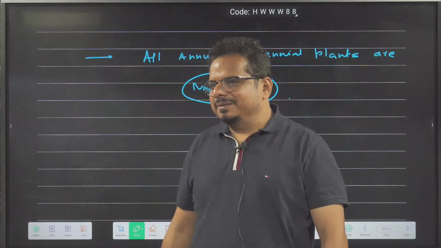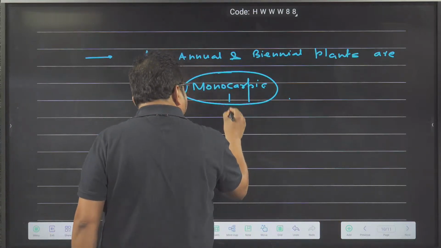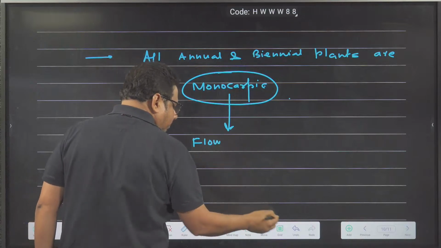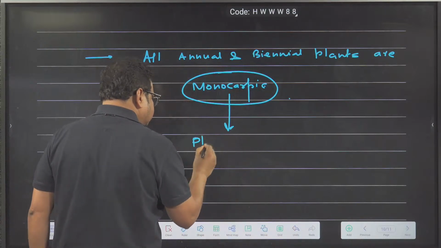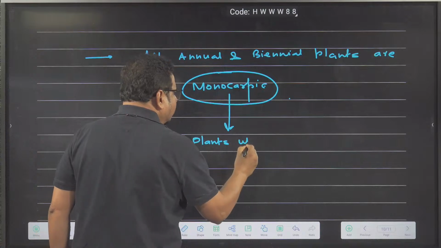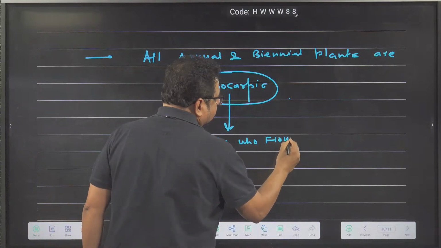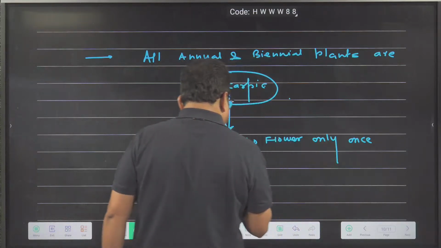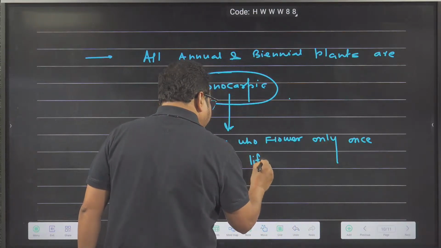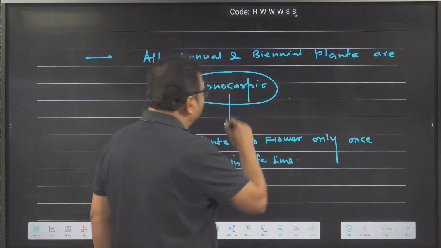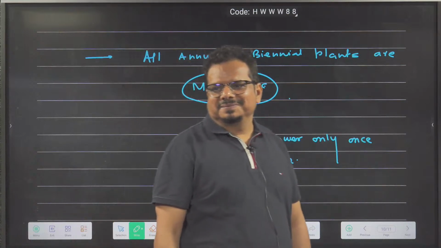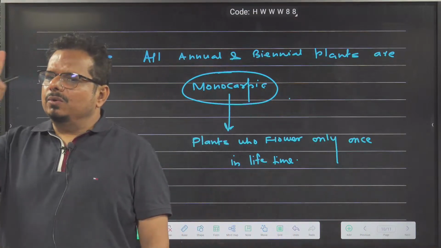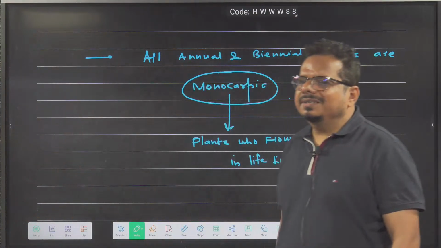Monocarpic means, I am writing, plants which flower only once in their lifetime are called monocarpic plants. All those plants which flower only one time in their lifetime are called monocarpic plants.